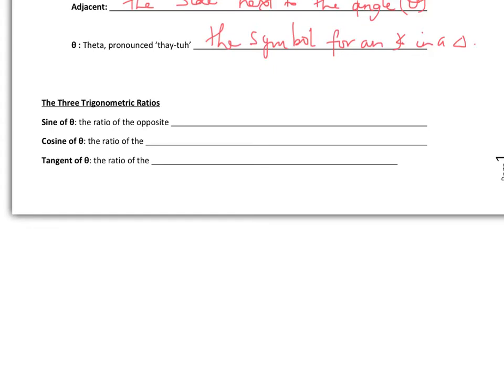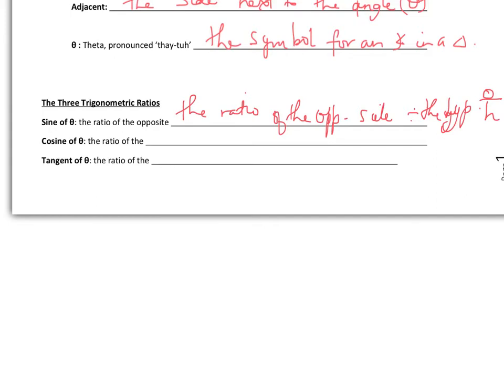The sine of theta is the ratio, and once we hear the word ratio, we have a fraction or relationship of the opposite side divided by the hypotenuse. So it's the opposite divided by the hypotenuse, and that's what it looks like.